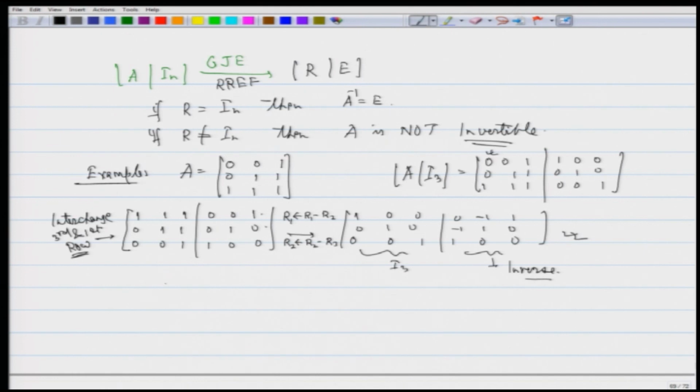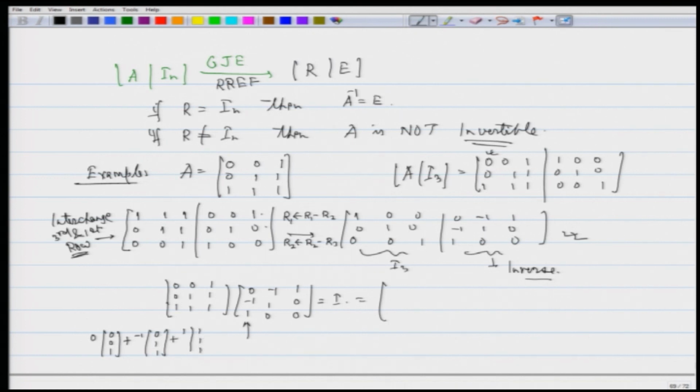So, you can check that 0 0 1, 0 1 1, 1 1 1, this matrix times 0 minus 1 1, minus 1 1 0, 1 0 0 is identity. All right. The way to check is, look at this, it says that you are looking at 0 times the first column plus minus 1 times the second column plus 1 times the third column.